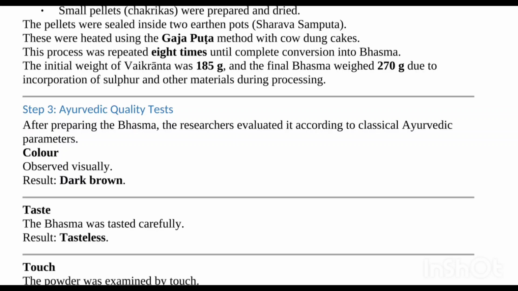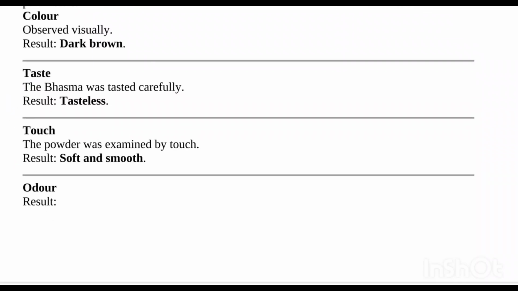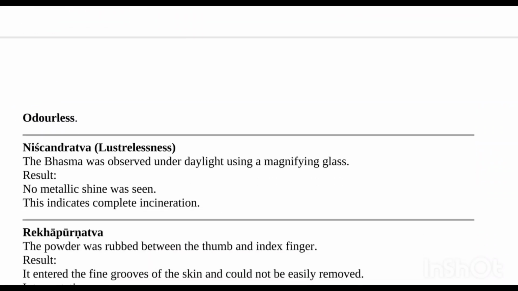Now we see the third step, that is, Ayurvedic quality tests. After preparing the Bhasma, the researcher evaluated it according to classical Ayurvedic parameters. Color was observed as dark brown, taste tasteless, touch soft and smooth, odor odorless. For Nishchandratva, the Bhasma was observed under daylight using a magnifying glass. The result: no metallic shine was seen.